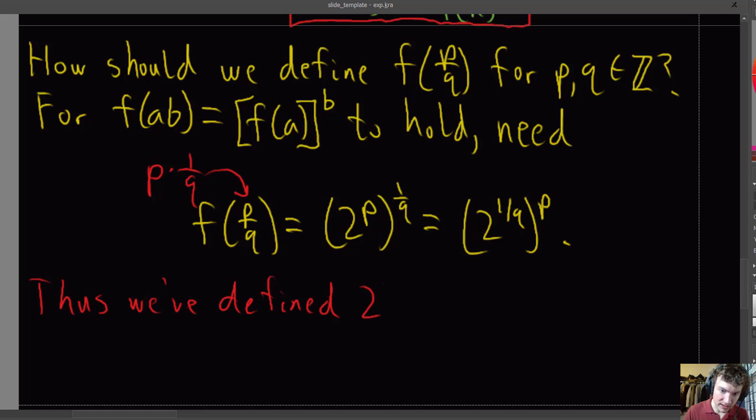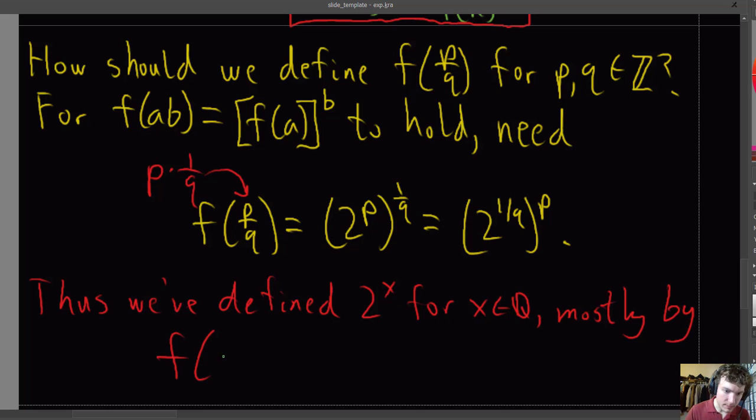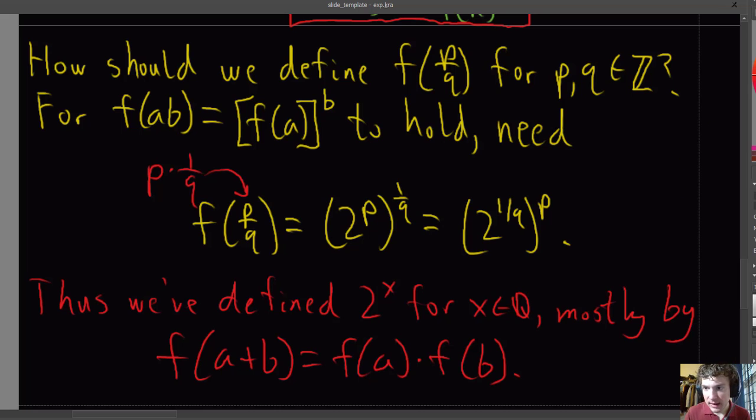So we've defined 2 to the x for x in Q, and again, I just want to stress, mostly by assuming this thing about f of a plus b equals f of a times f of b. That did most of the work. We wanted this to be true, and that gave us a guideline to choosing definitions of 2 to the power 0 and 2 to the negative powers.